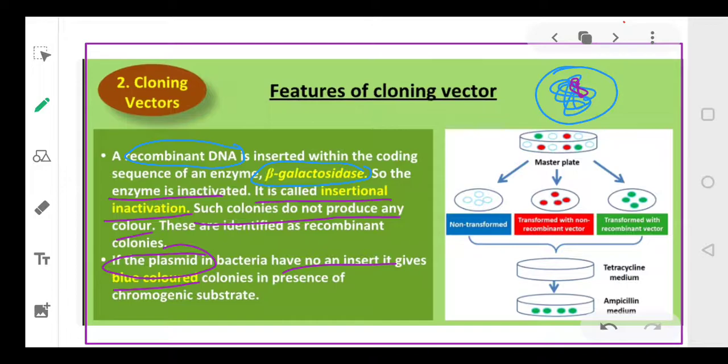As you can see here, this is your nutrient medium where all the bacteria are present. Then we have inserted some DNA. These cells which are appearing blue are perfectly normal cells. There is no insert here, and the beta galactosidase enzyme is properly functioning.